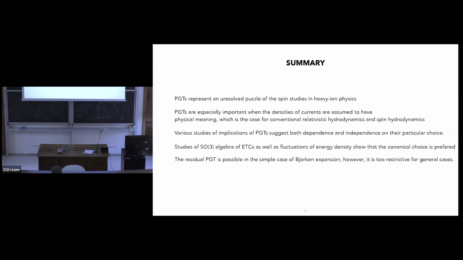So for instance, you can redefine the electric current. Instead of psi bar gamma mu psi, you can define it as psi bar gamma mu psi plus some unknown coefficient times the divergence of the magnetization tensor, psi bar sigma mu nu psi. Agree.